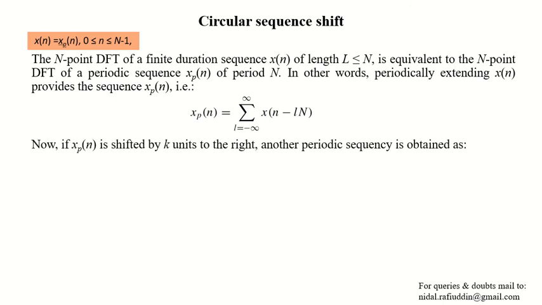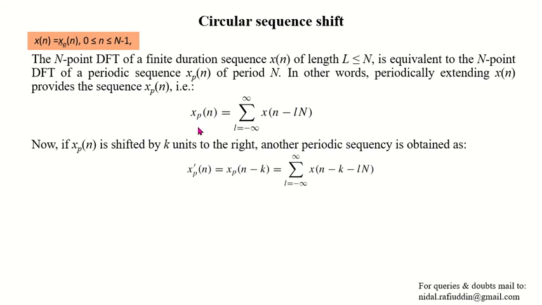Now suppose that xp(n) is shifted by k units. Apart from this expression, this in fact also represents a shifted version of the signal x(n), which are summed together. Now if we shift the signal xp(n) by k units, and the shifting is done towards the right, we obtain another periodic sequence given by xp'(n).